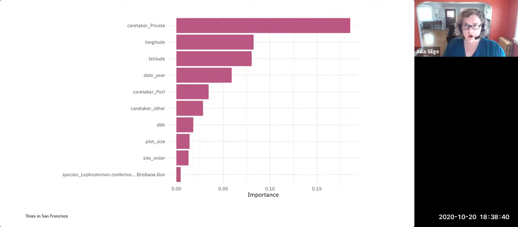The first are global explanations. This is where we evaluate what features are important in a model's predictions overall. So this plot is from the San Francisco trees again, and the length of the bars here correspond to how important that feature is in predicting whether the tree is maintained by the Department of Public Works or not for a random forest model.